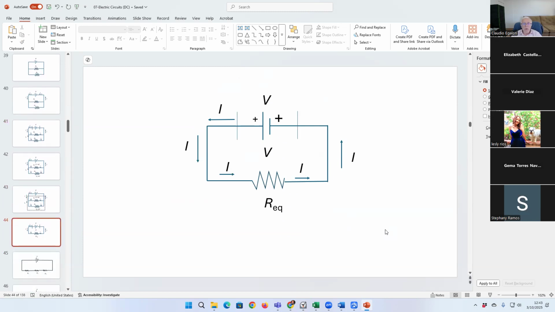Those 2 resistors combined become an equivalent resistance. And there is a different equation that we have for this equivalent resistance. Okay, so here you go.